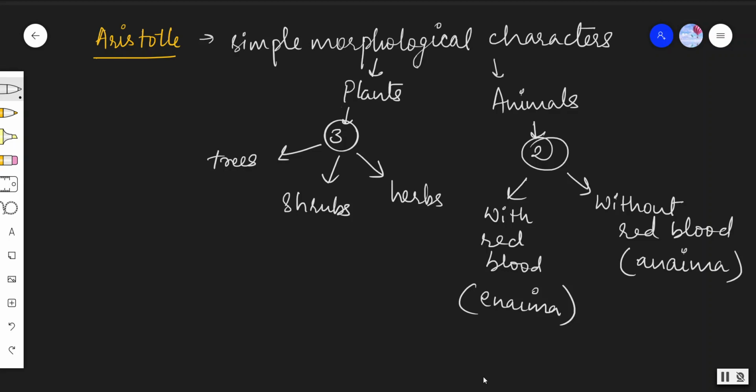As we can say, they are not properly classified, so we need a particular type of classification in which we can easily study particular organisms or a particular group of organisms.